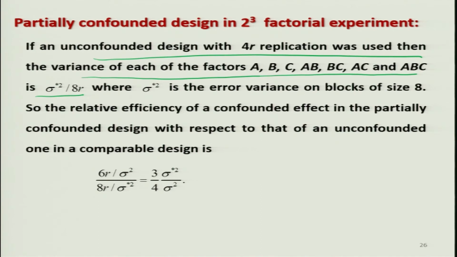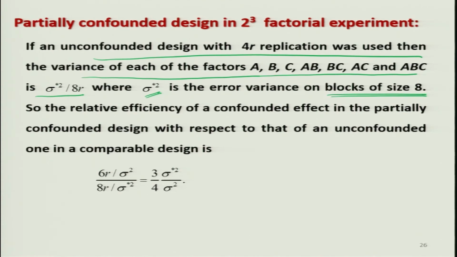You can recall that in the last lecture, when we considered the 2 square factorial experiment, we had just assumed the variance of Yij as sigma star square. Similarly, we are assuming it here to be sigma star square. This is based on blocks of size 8, and that is the case of the complete factorial.